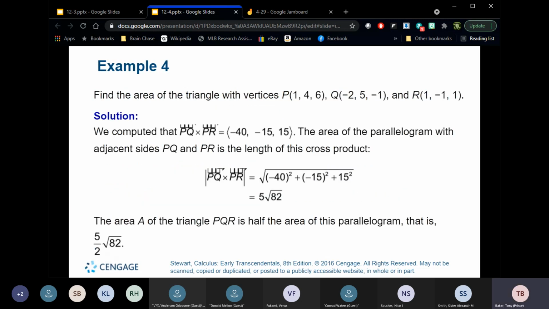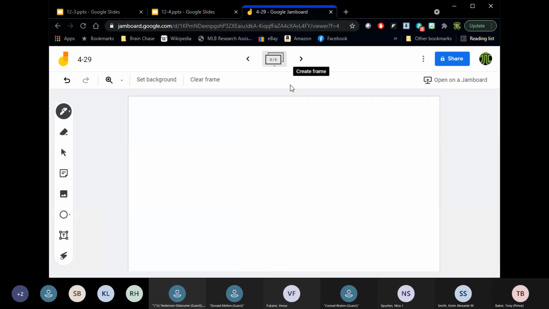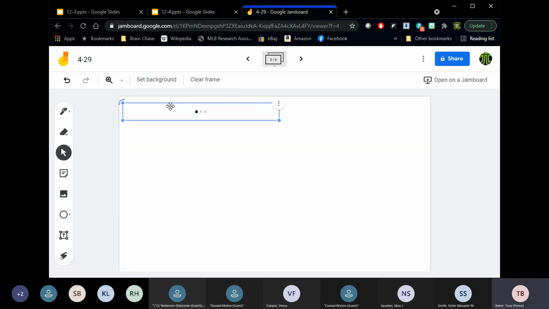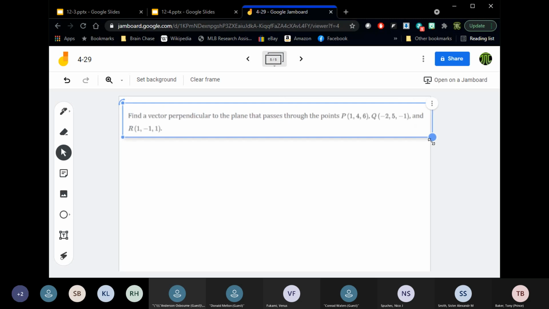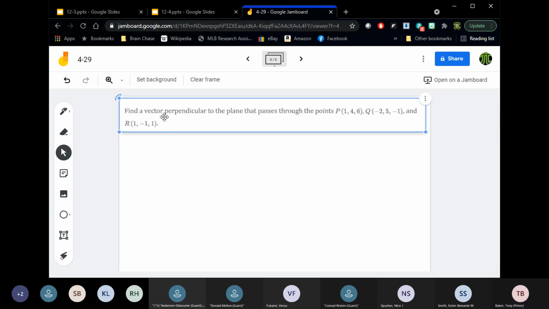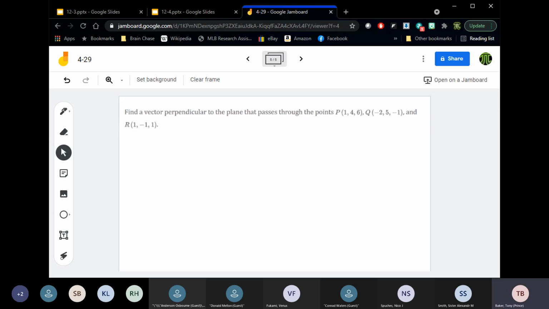All right, let's do this one. We want to find a vector that's perpendicular to the plane that passes through these 3 points.